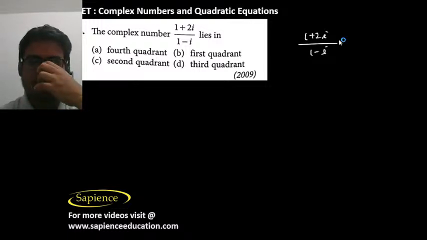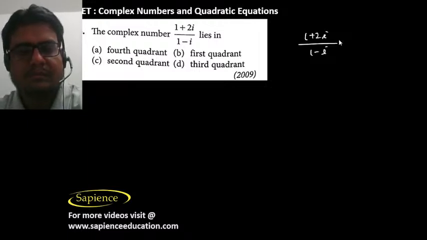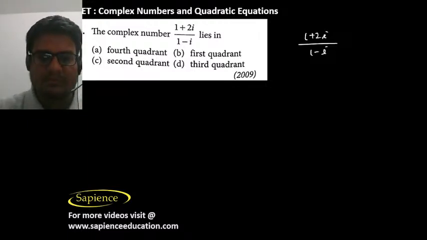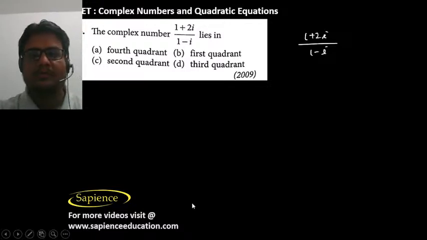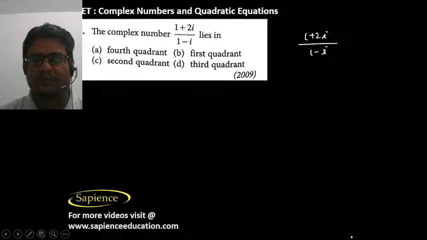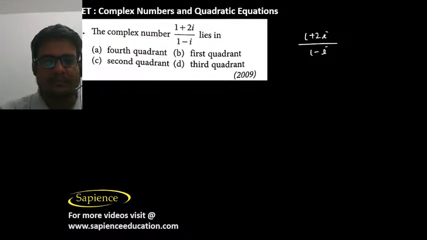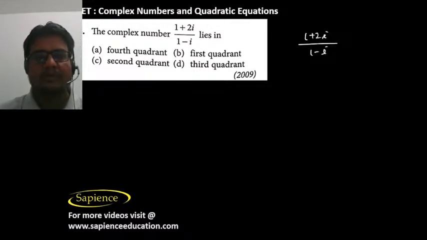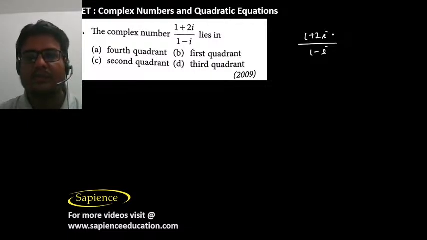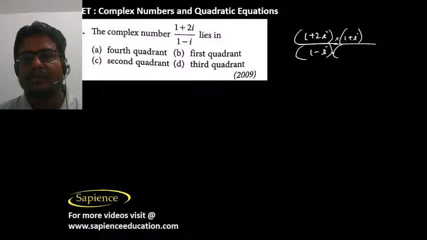So we can multiply and divide by the conjugate of the denominator, which is 1 plus i.